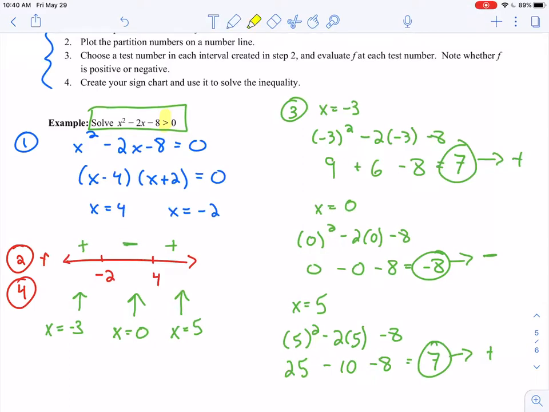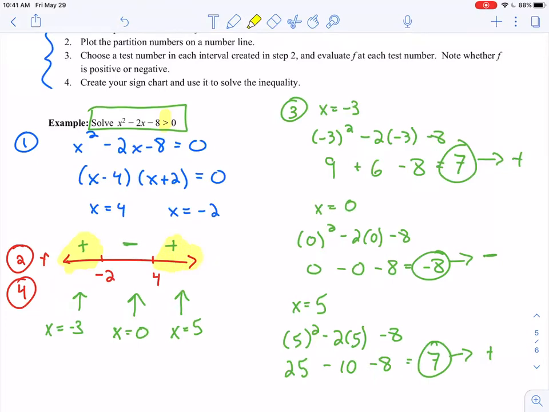So we want to identify the intervals where we ended up with positive numbers. Because I've created this sign chart, it's really easy for me to say, okay, to the left of -2, we had positive values, and to the right of 4, we had positive values.